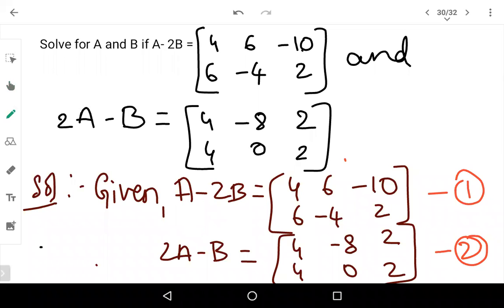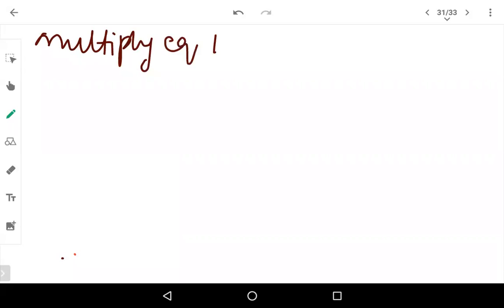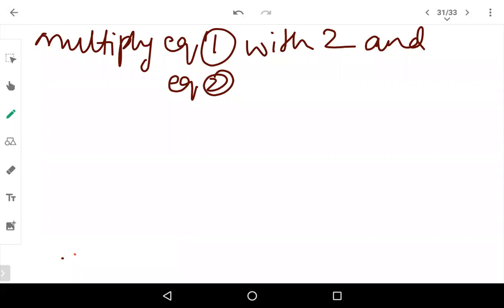The whole of equation 1 should be multiplied with 2 and the second equation will be multiplied with 1.